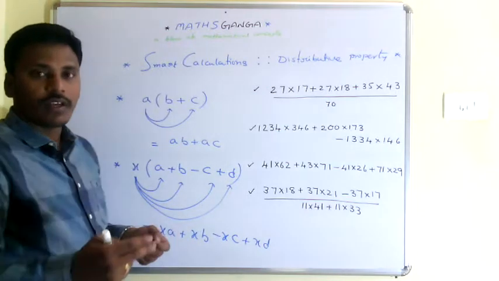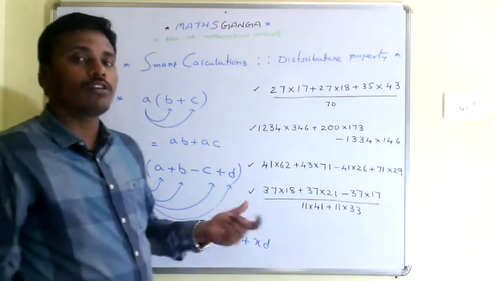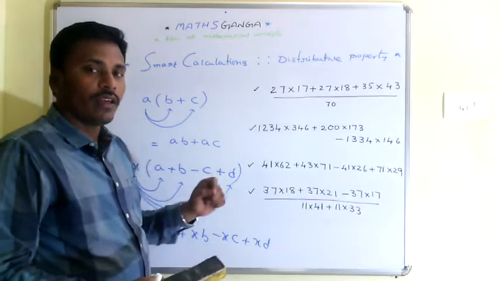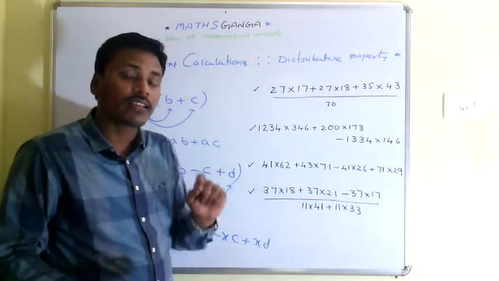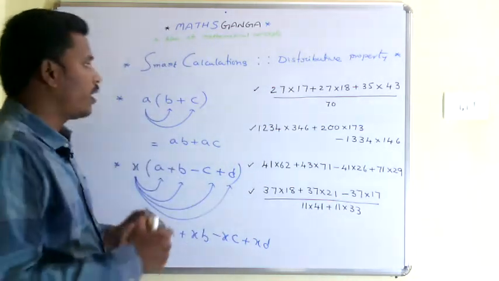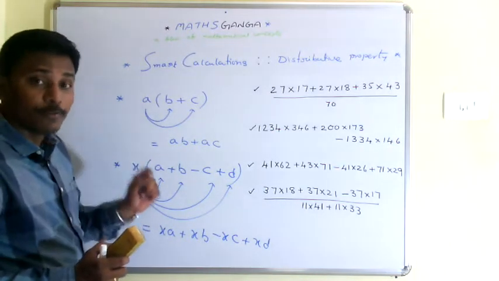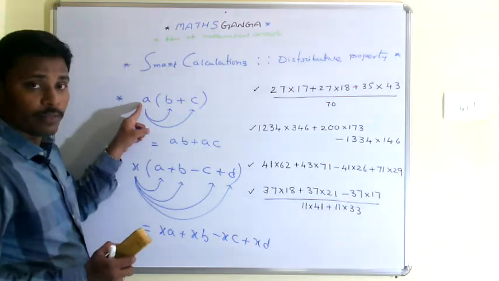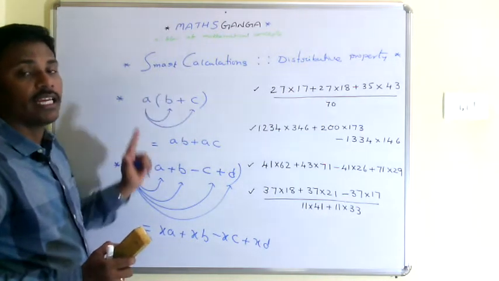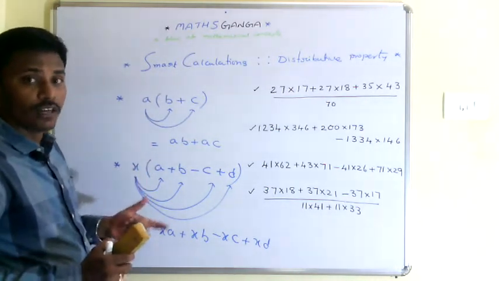We will face different types of problems related to both situations: one way we have to distribute, and the other way we have to collect. So basically the distributive property is the distribution of the outer term to each and every one of the inner ones.